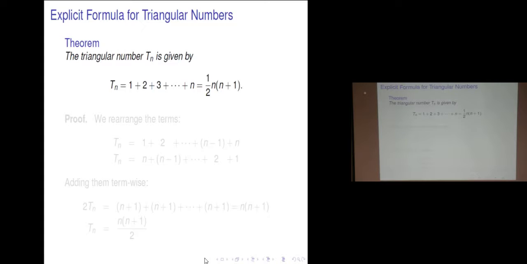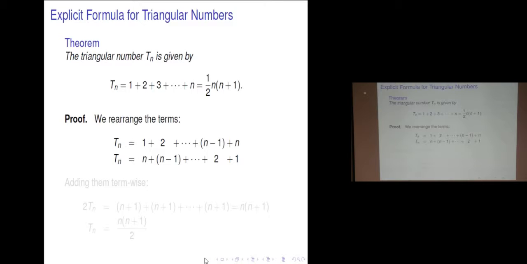Now, in the unlucky case, n is an odd number. If n is odd, then n plus 1 will be even, so the 2 can be canceled from this n plus 1. So no matter whether n is even or odd, you can always divide this product by 2. So the right-hand side is always a whole number.